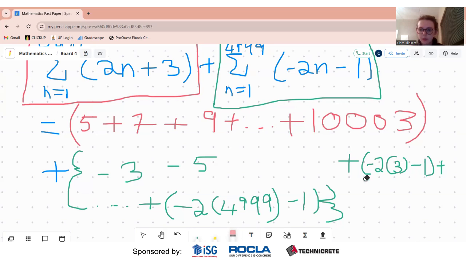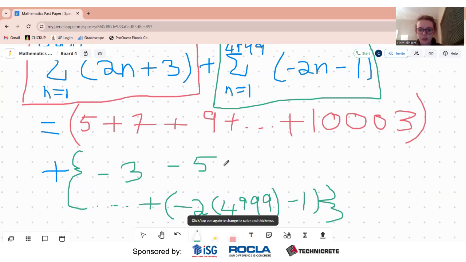Then we have minus 2 times 3, which is minus 6, minus 1, which is minus 7. And then we have plus and a bunch of dots. It's actually quite clear that these pluses will be minuses, but we can just write plus anyway.